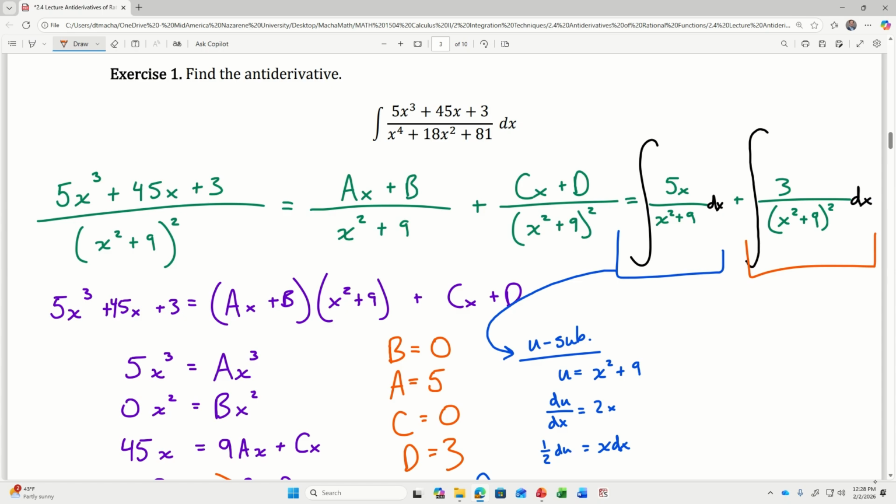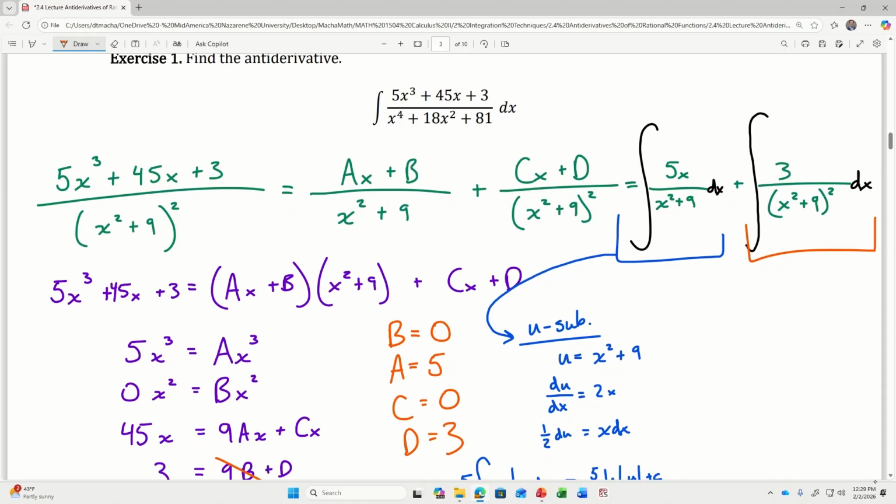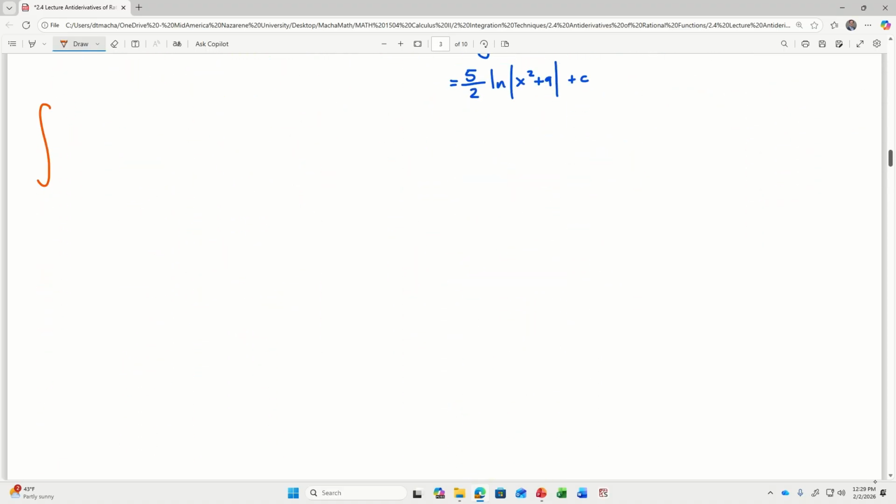So I'm going to write that down again, lower down here: 3 divided by (x squared plus 9) squared. Knowing this is a trig sub, do I write u equals a tangent theta, secant theta, or sine theta? Tangent.